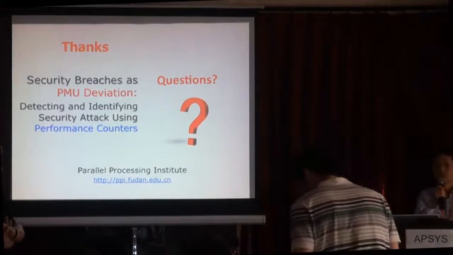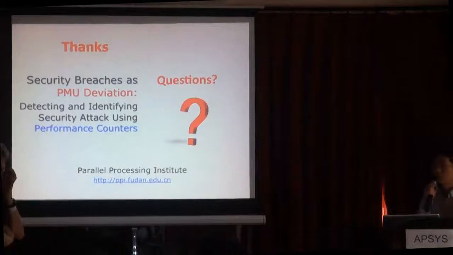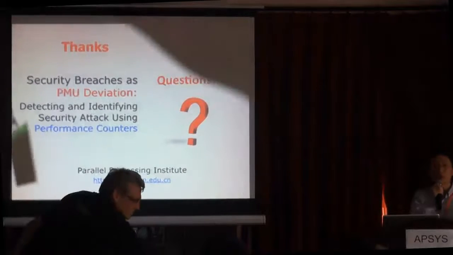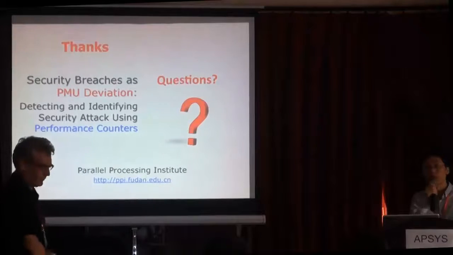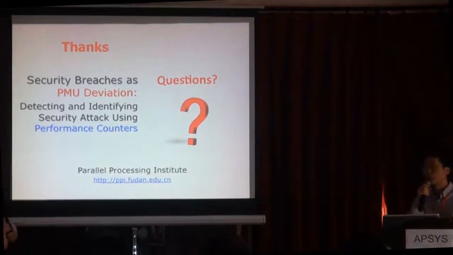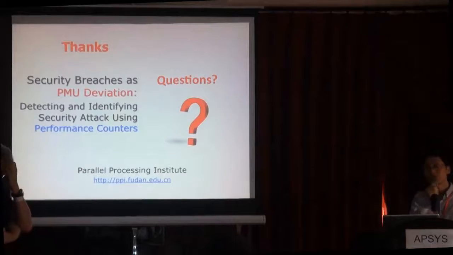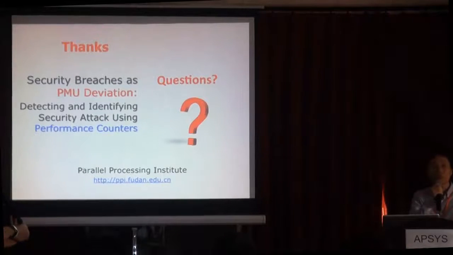Yeah, a very good question. We use some heuristic algorithms to do the detection, like for return-oriented programming, we just count the accumulated suspicious values. So it may have some false positives and false negatives.